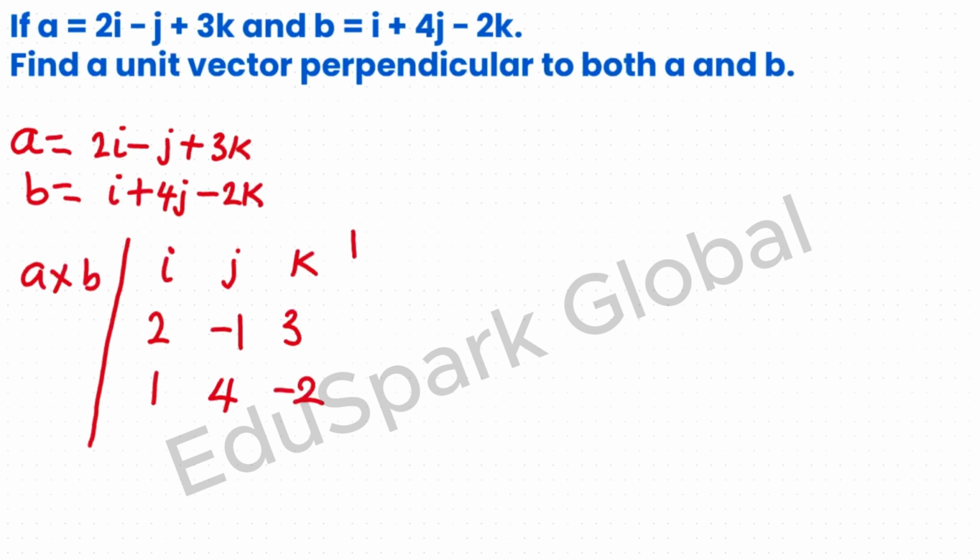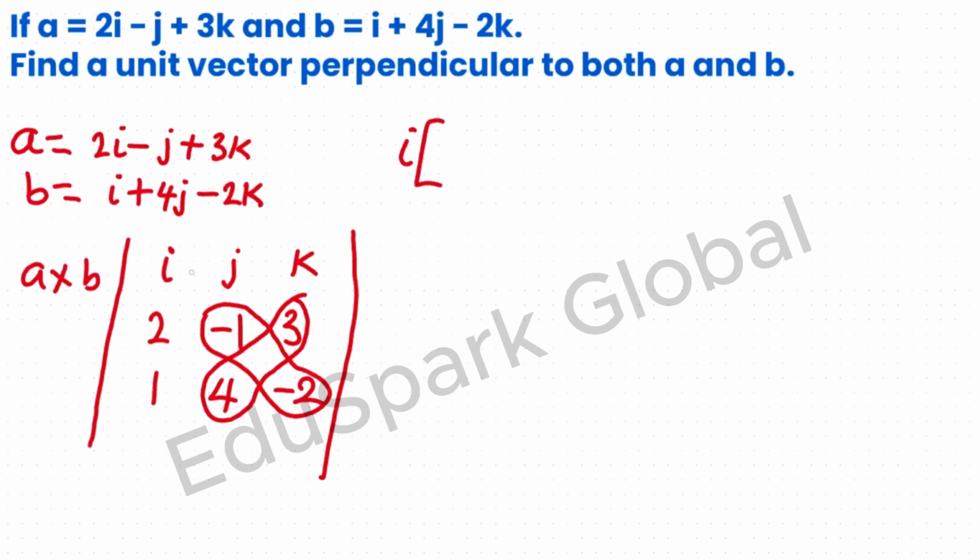Okay? Now we are going to cross multiply, that is multiply -1 with -2, and also 3 with 4. Let's start with the i. When you are dealing with i, you don't touch the values under the i, so we deal with j and k: -1 times -2 minus 3 times 4.